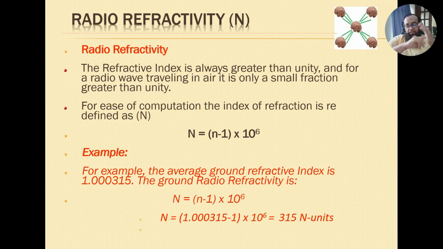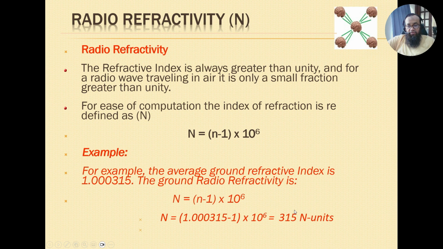If this was a number with 1.000, you would always have to count how many zeros there are, and which number is larger or smaller. So this just makes it easy for you to understand. Otherwise, there is no difference between this number and that number. N units come directly from the refractive index through a simple transformation.